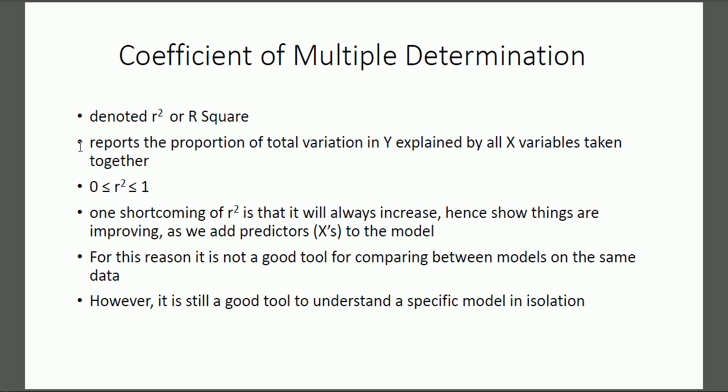So if we just used R-square, we would always think that the bigger model in question is better than the smaller model. And that's a problem.